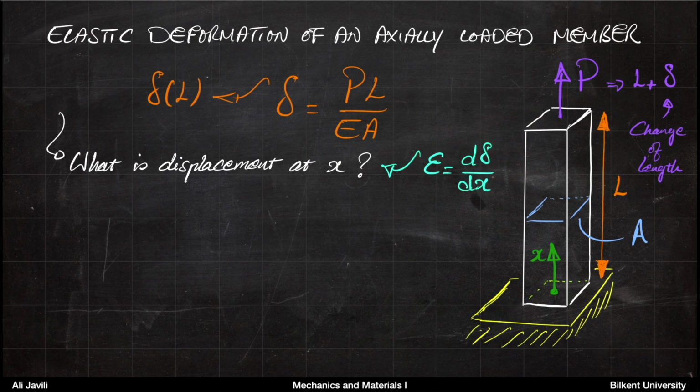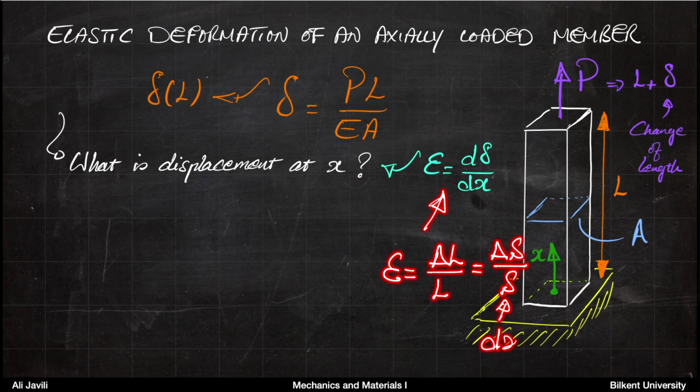In order to do that, we need to remember the definition of a strain. Strain equals change of length divided by length. That was for the whole length L, but it could also have been for any smaller length. In this case, that smaller length would be dx.